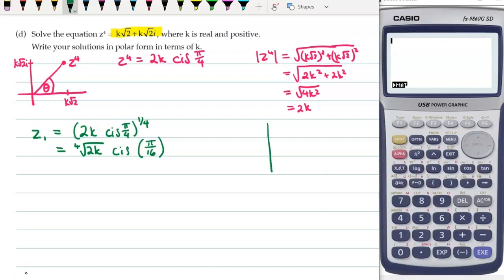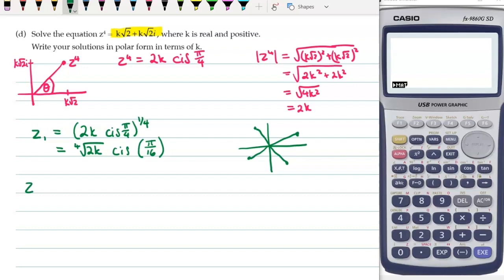Now once we have the first solution, all of the others are equal distance around that diagram. Now if we have 4 solutions because we are doing an equation to the power of 4, we know that those 4 solutions will be evenly spaced around there. So each of them will be 90 degrees on from the last one, which is another pi by 2.